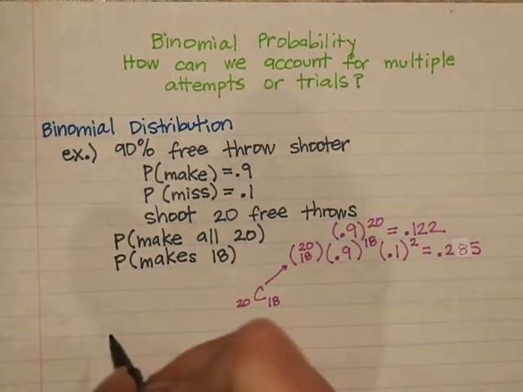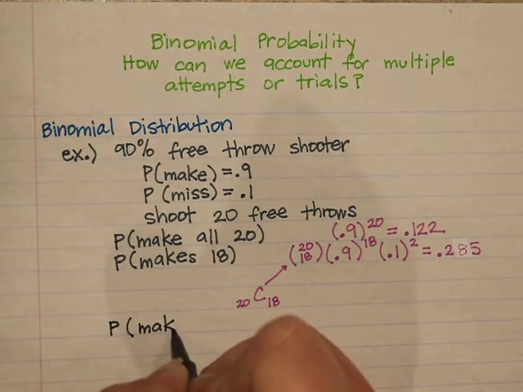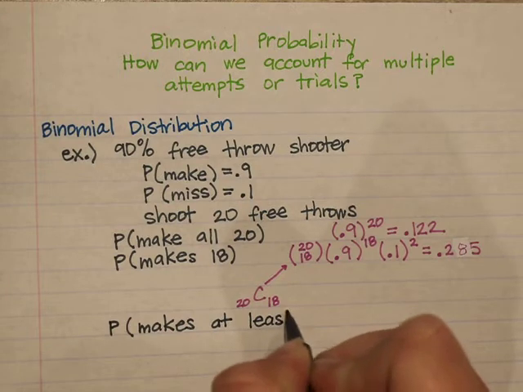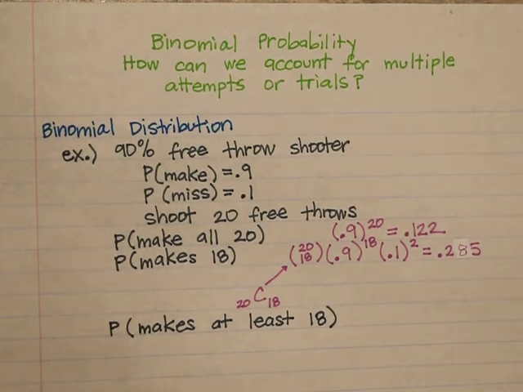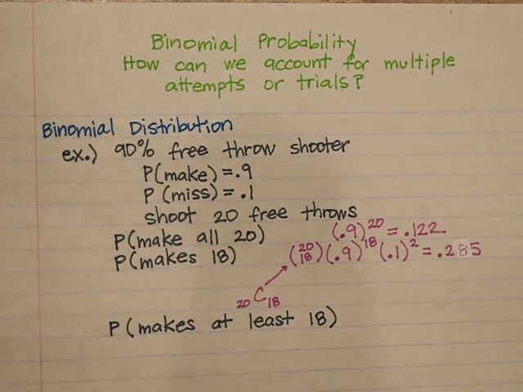So now we're going to change the game again. What's the probability that he makes at least 18? Which, if you're keeping score at home, that means he could make 18, which we know the probability of. It means he could make 20, which we know the probability of, or it means he could make 19.